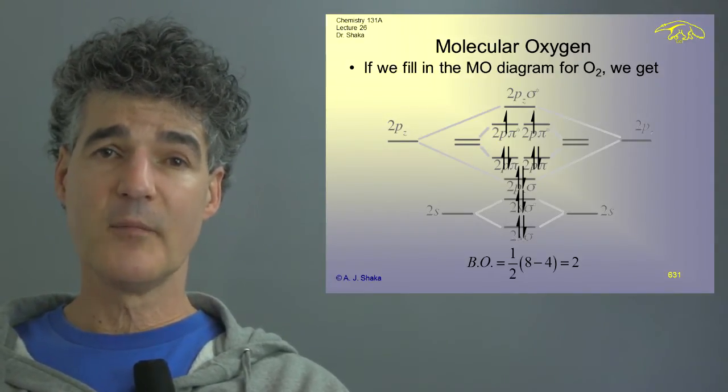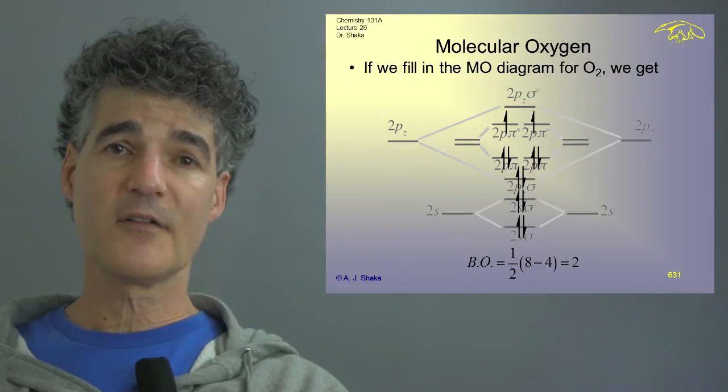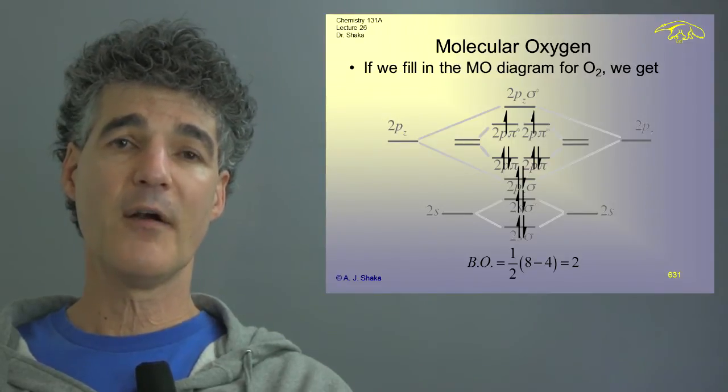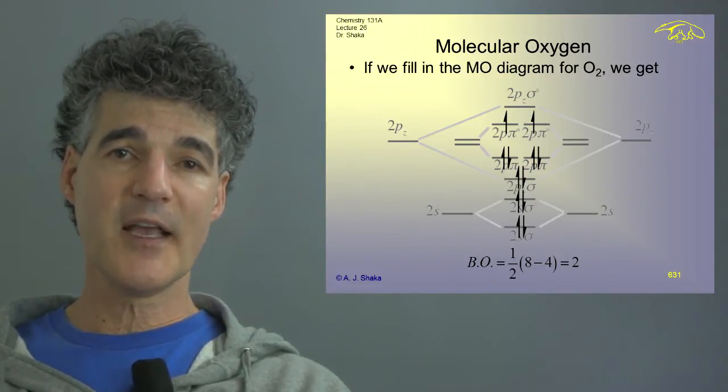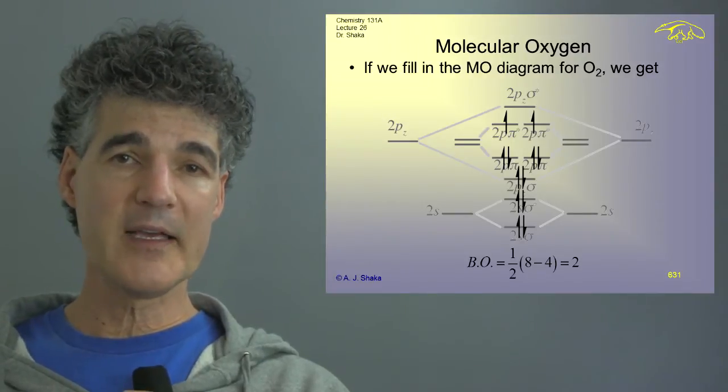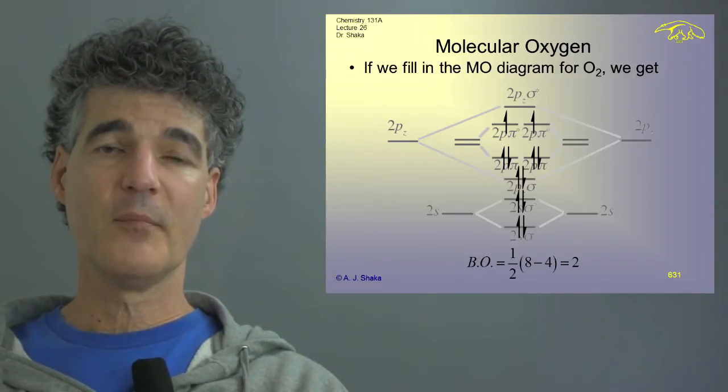The electrons in molecules are just like the electrons in atoms. If they don't have to pair up, if the apartment is the same cost and you can have your own place, then you take your own place.